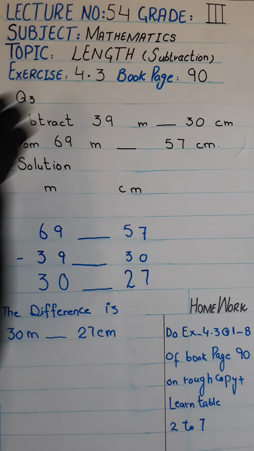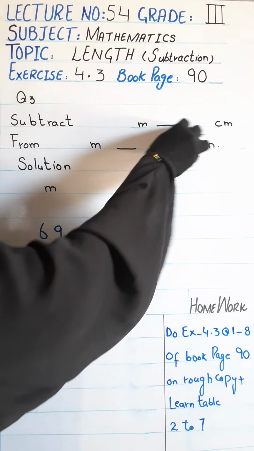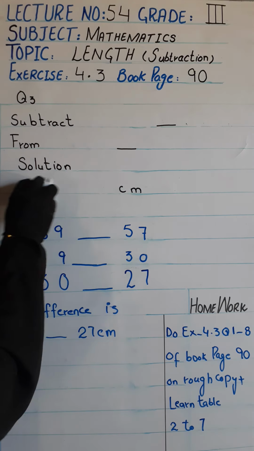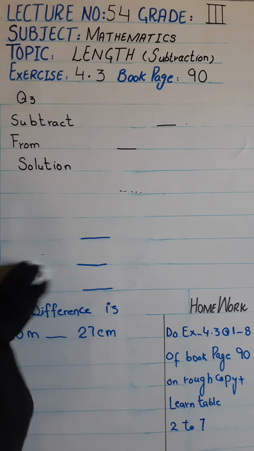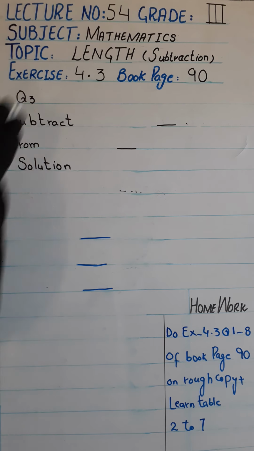Okay. I solve question number 8 for you. Look at the board. You follow the same method for question number 8 also, just as we followed for question number 3.